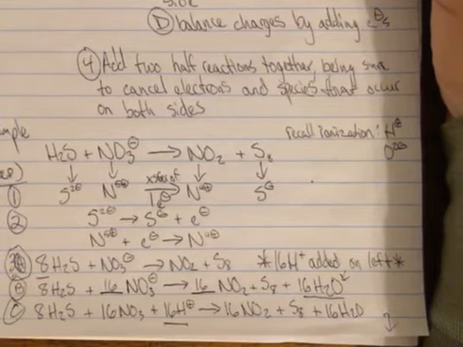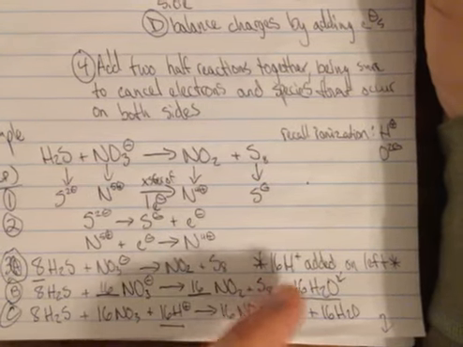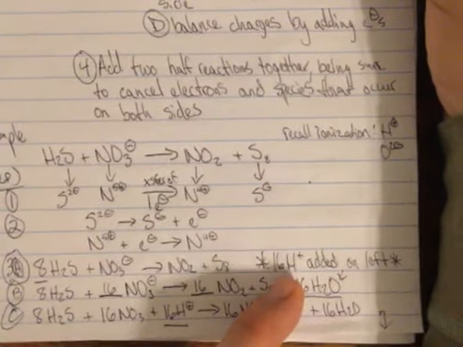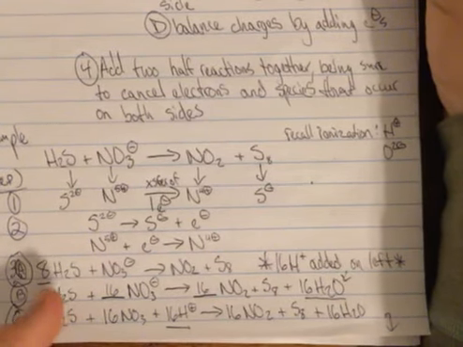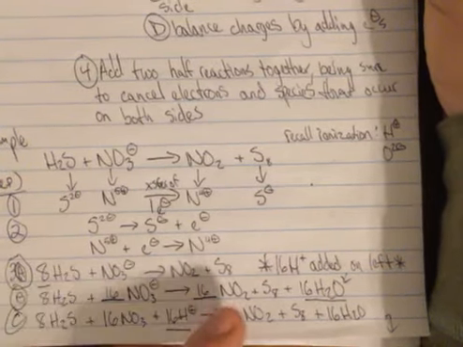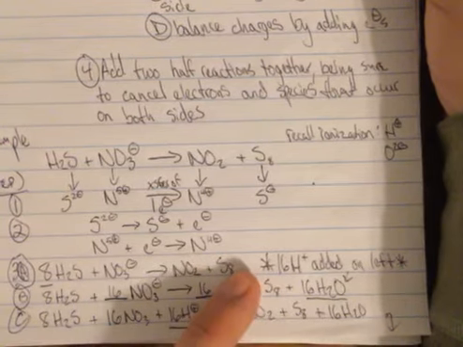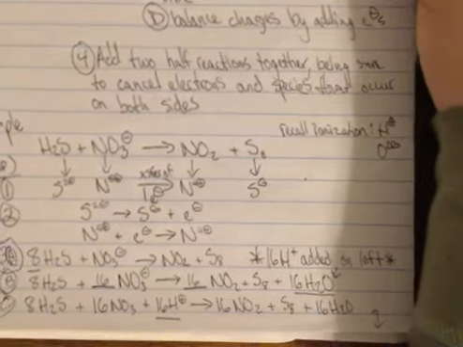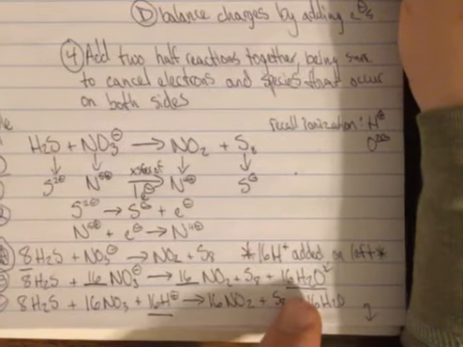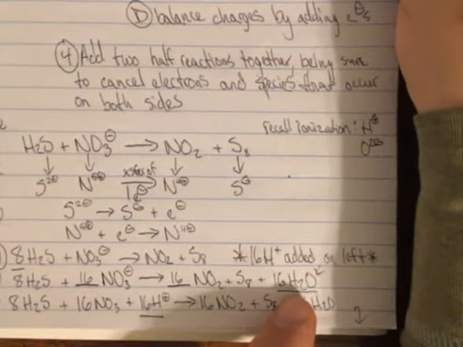So in other words, 16 hydrogens or H pluses have been added onto the left. So you have to actually counter that because we don't really have any hydrogen sources on the product side, right? So in other words, we're going to add 16 equivalents of H2O here.